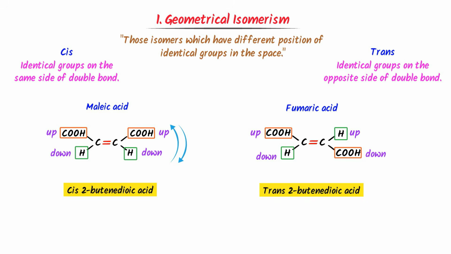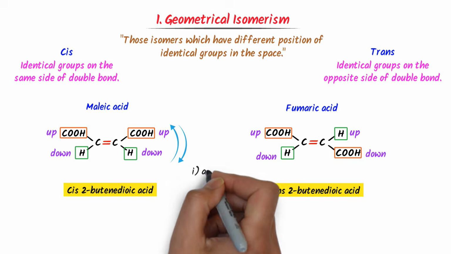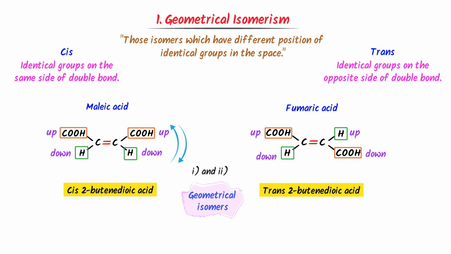Hence, maleic acid is a cis compound and fumaric acid is a trans compound. Therefore, remember that maleic acid and fumaric acid are geometrical isomers of each other. Thus, note down these important geometrical isomers which are sometimes asked in MCQs.